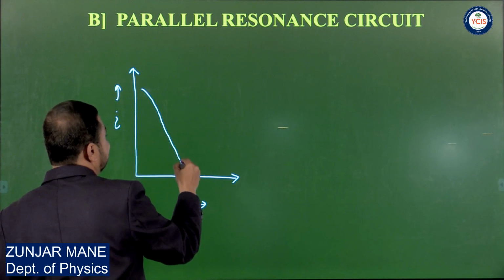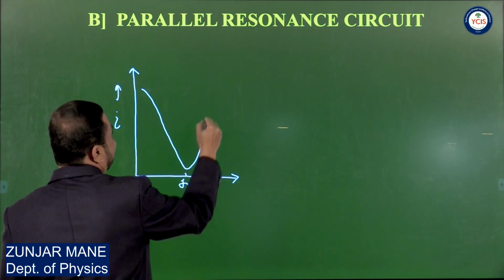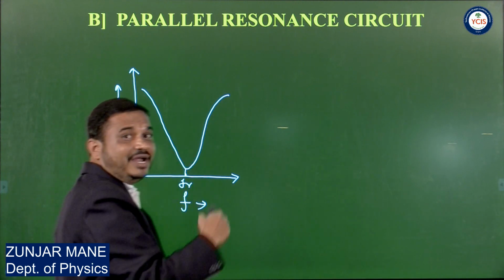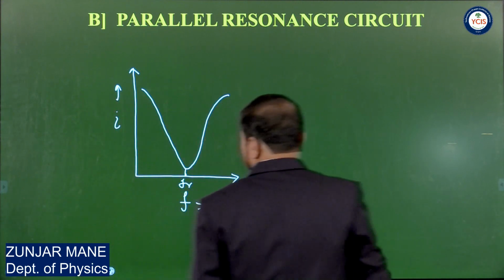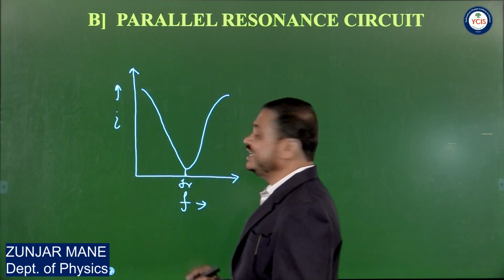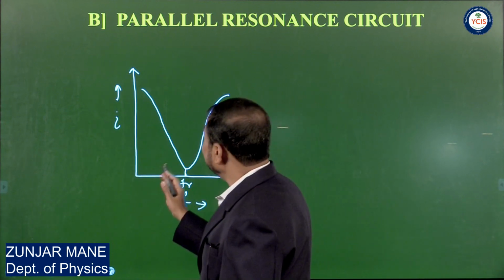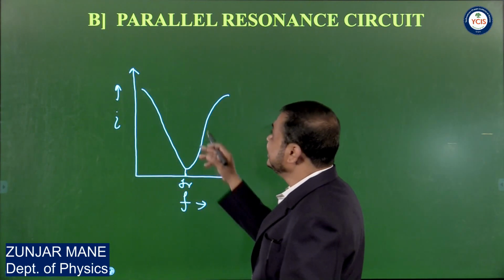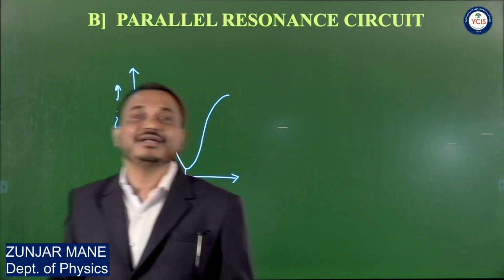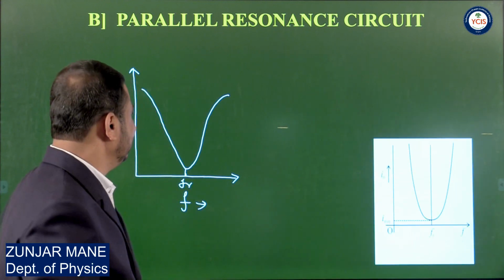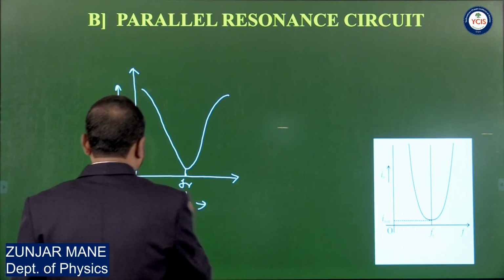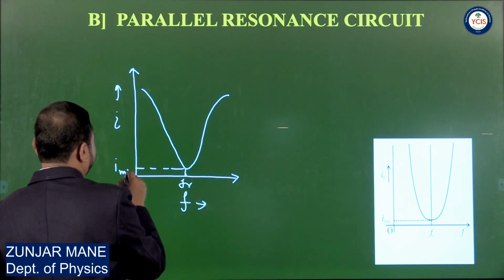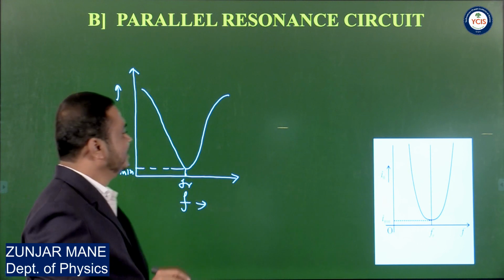As we reach the resonance frequency, the current goes to a minimum value and again increases. So at fr, the current is a minimum. Below fr, the current goes on increasing. Above fr, the current goes on decreasing. This is called the parallel resonance curve. And at parallel resonance, the current is minimum.